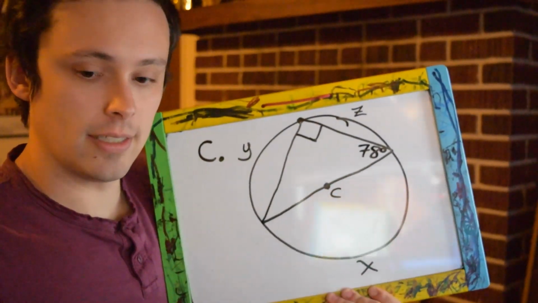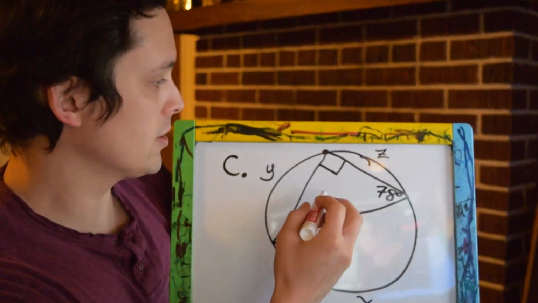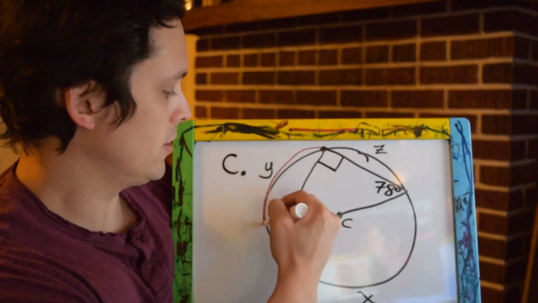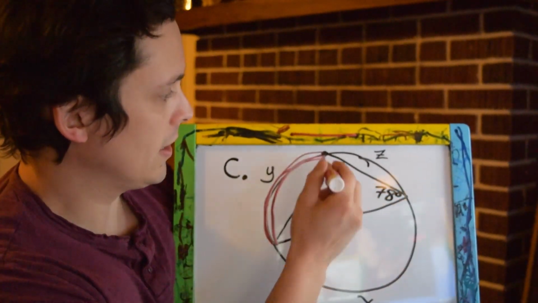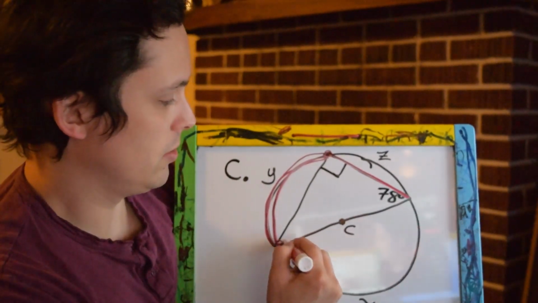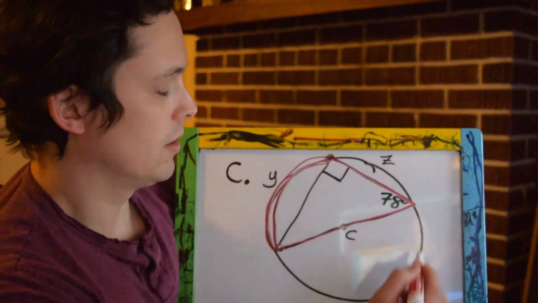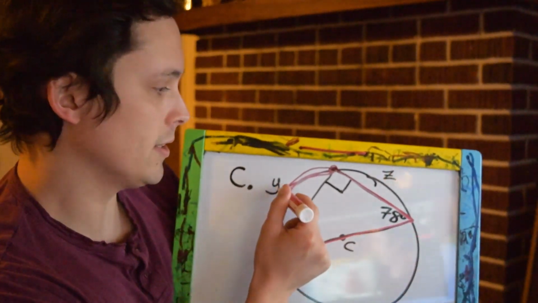So in this problem, we have to spot the inscribed angles and their arcs. So the arc from here to here is y, and these 2 points connect to this point, which makes 78 degrees an inscribed angle on this arc.